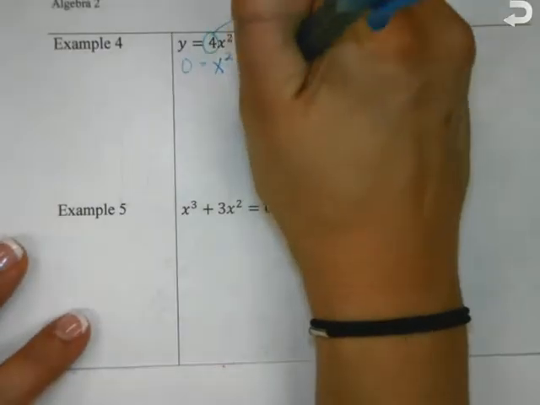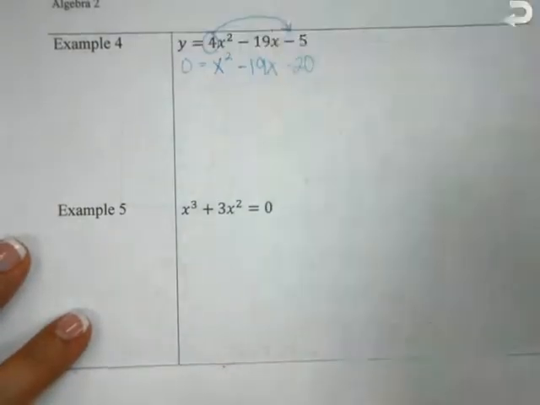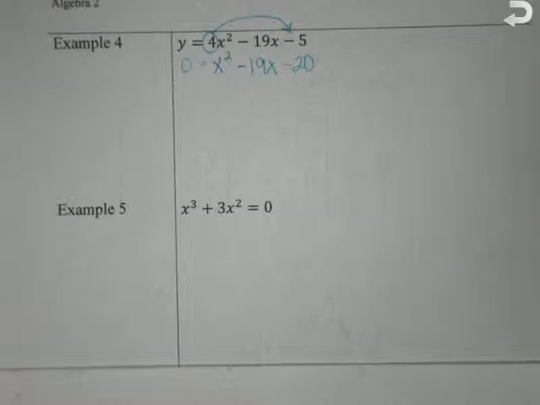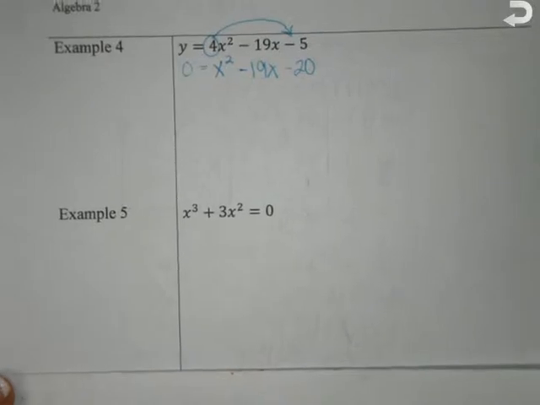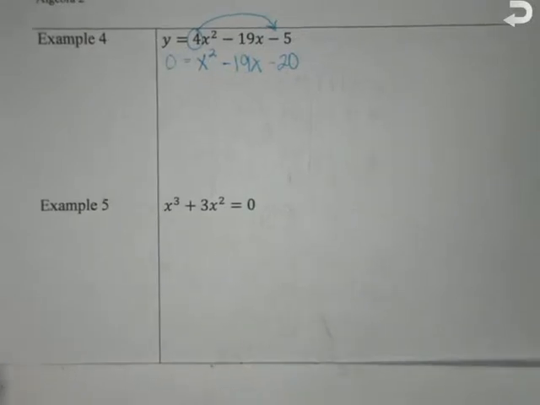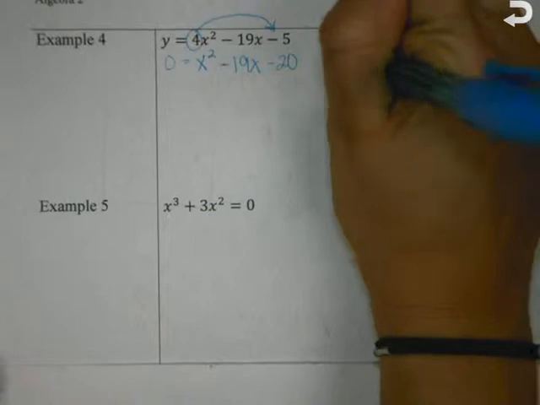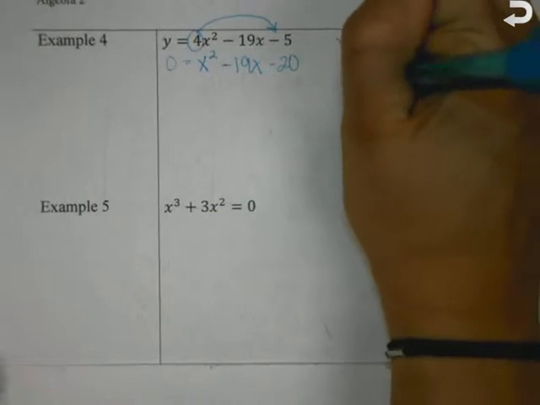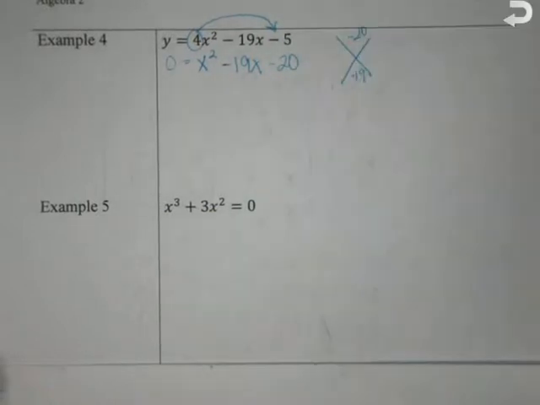Next step. Who's 29? Nobody. 40. Dustin. Next step. Diamond method. What two numbers multiply to negative 20 and add up to negative 19? Yeah, good. Negative 20, positive 1.